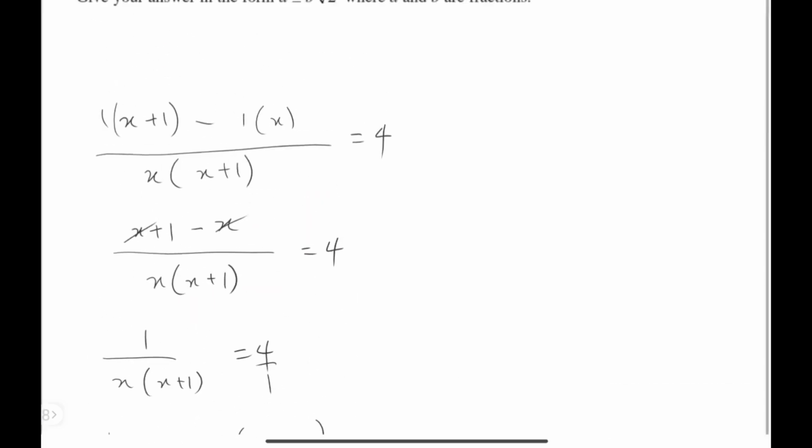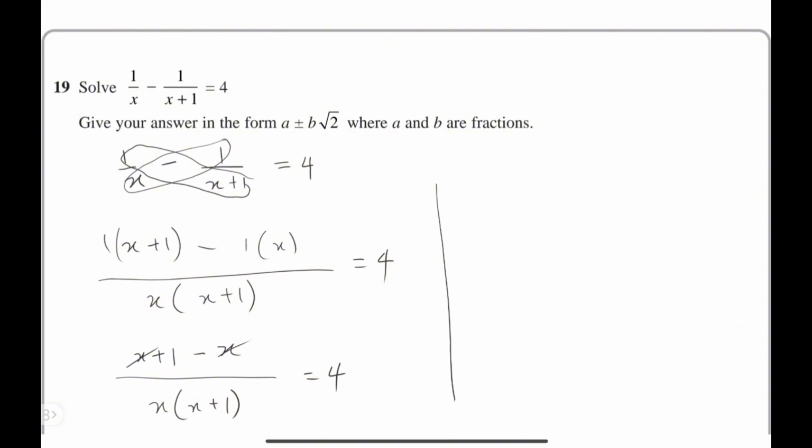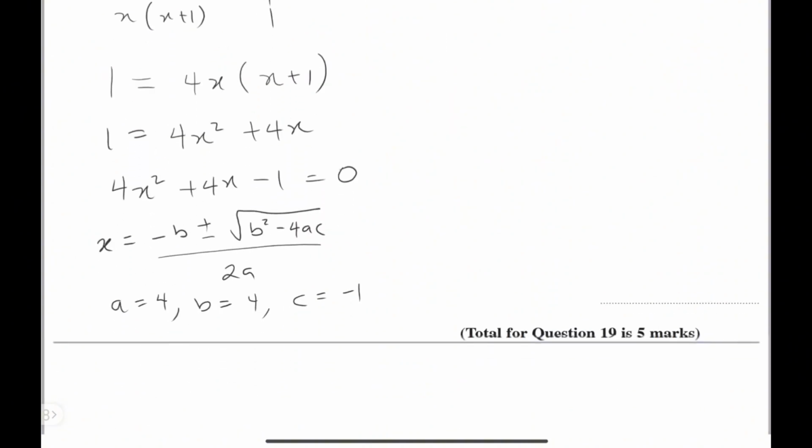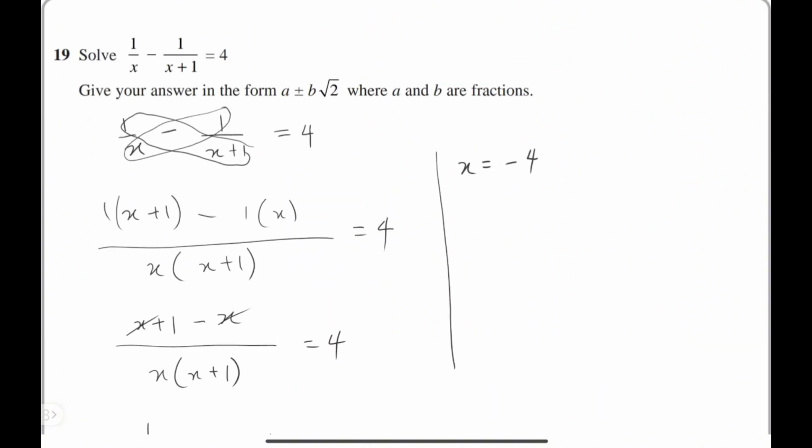Substituting the values, we get x equals minus b plus or minus, that is wrong, minus 4, because we got b to be 4, so that will be minus 4 plus or minus root of 4 squared minus 4 times a, which is also 4, and c is negative 1.